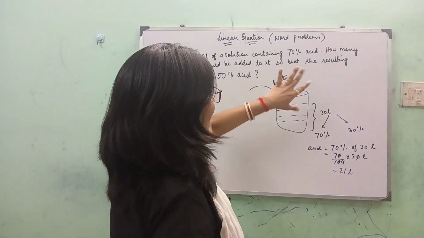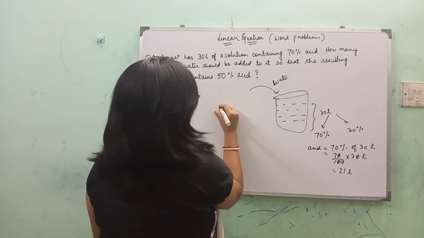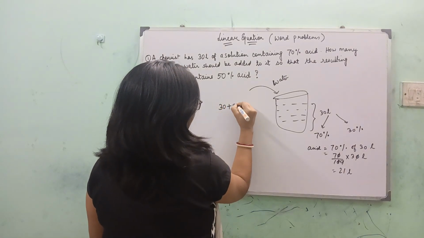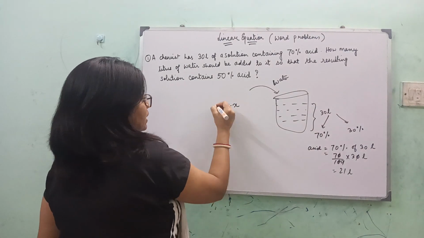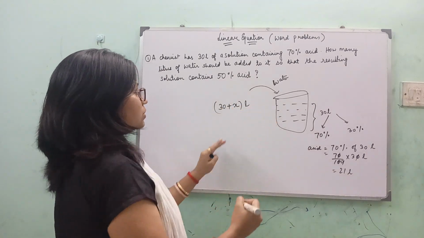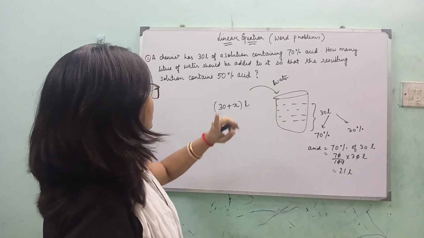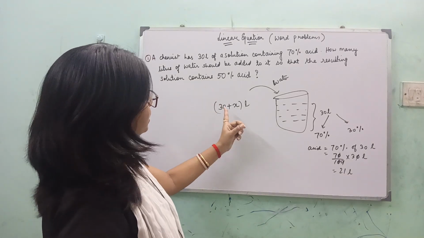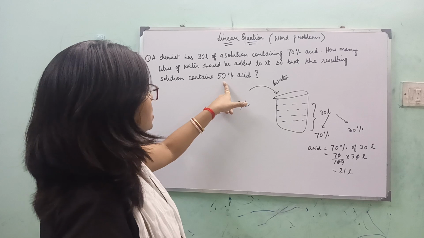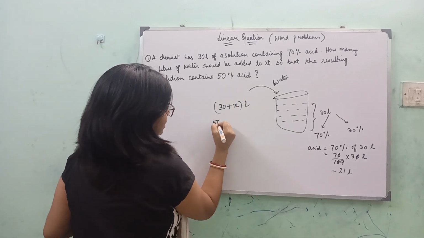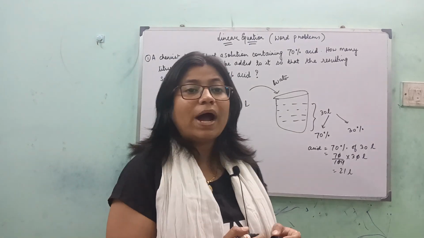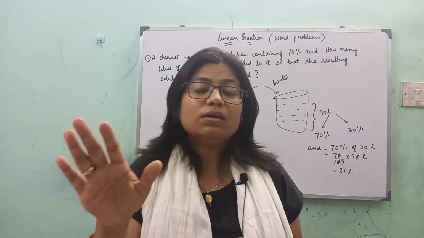And in the second case, you are adding some water. Initially we had 30 liters. Now suppose you are adding some amount, say X liters. Here it is told that the concentration of the acid is 50%. You had not added any acid to it.